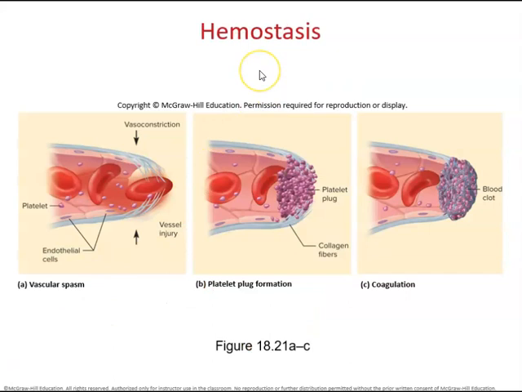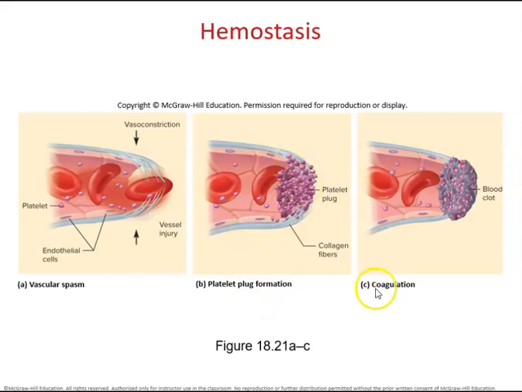Cessation of bleeding is called hemostasis. The process of hemostasis involves 3 mechanisms. The first one is vascular spasm. The blood vessel will constrict when there's a wound. The second step is platelet plug formation. Platelets accumulate together at the wound to form a plug.